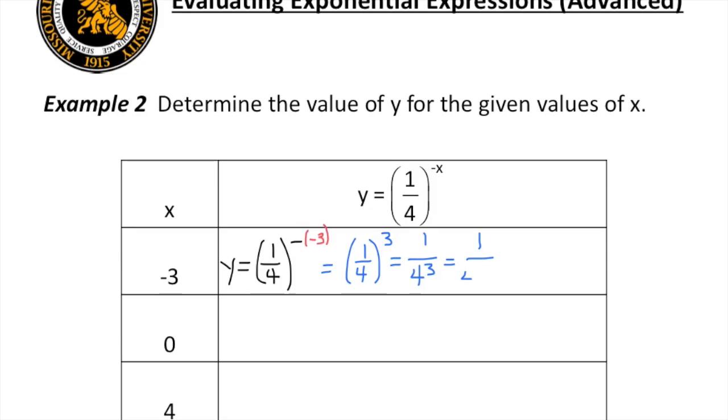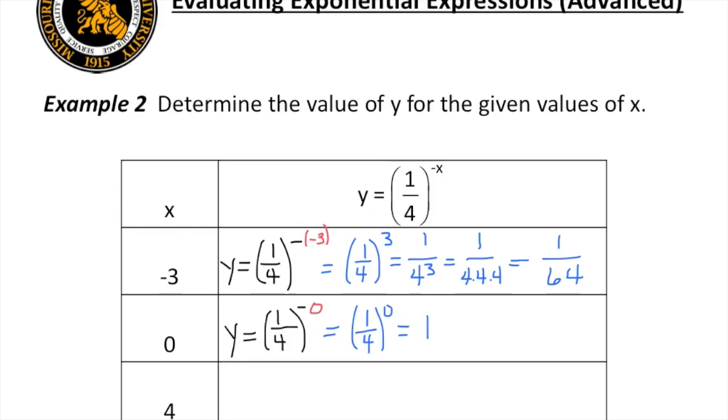Remembering that 4 cubed means 4 times 4 times 4, we can write our final output as 1 over 64. Evaluating this equation for x equal to 0, we have 1/4 to the -0 power. But remember, -0 is just 0, so we really have just 1/4 to the 0 power, which we know is 1.